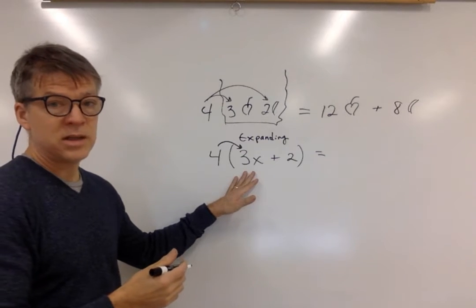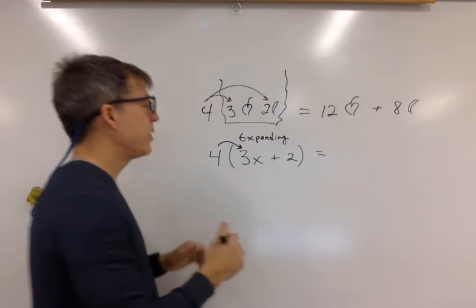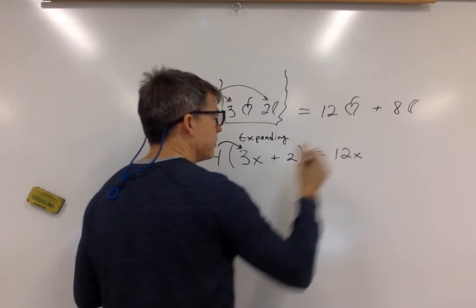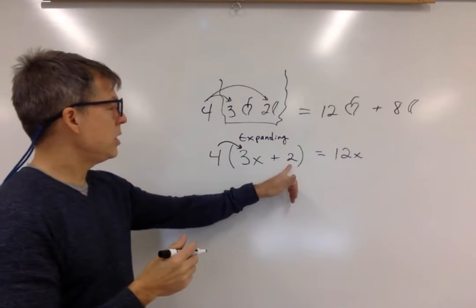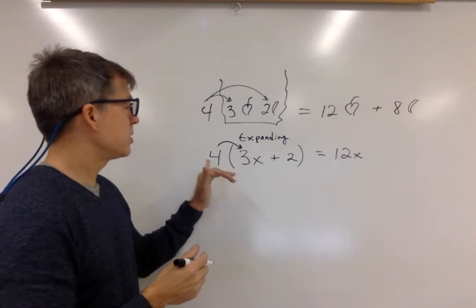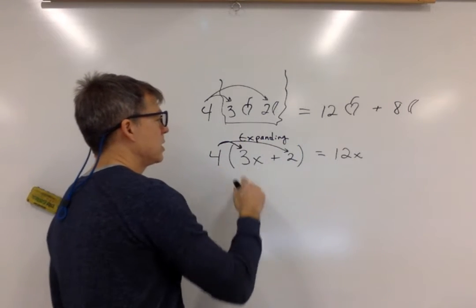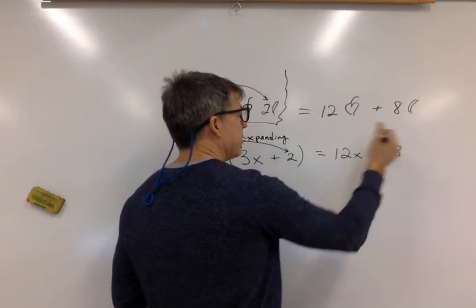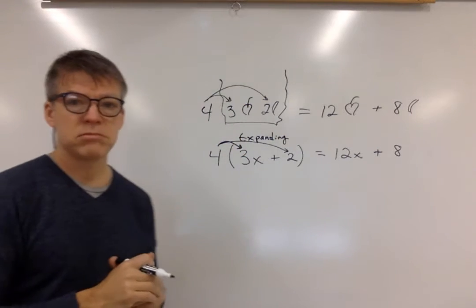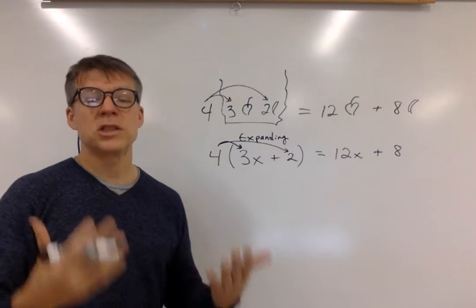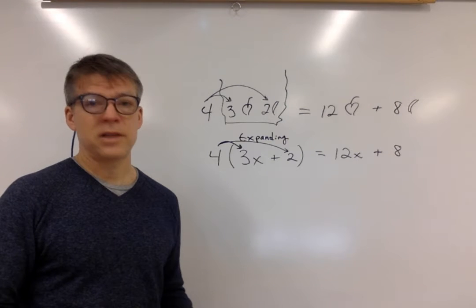Not just 3, you're going to have a total of 12 x's. And you got a 2 here, but you got 4 of them. So to get that final number there, you're going to have an 8 there. 4 times 2 is an 8. Okay? You have just expanded, and it doesn't get much harder than that.